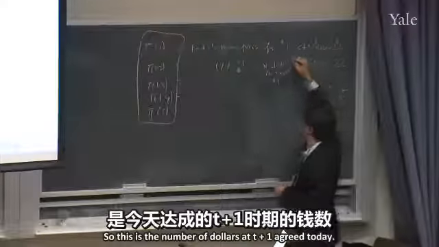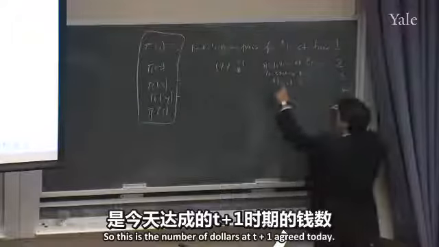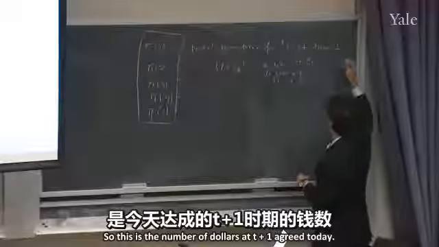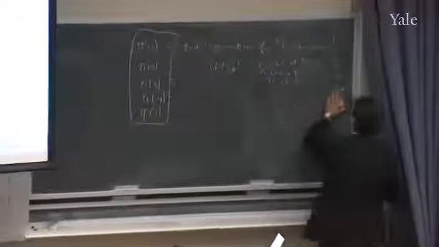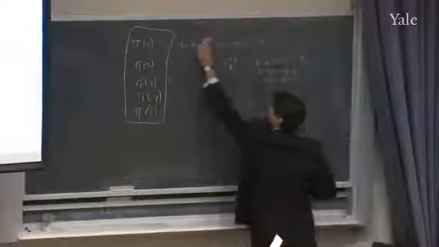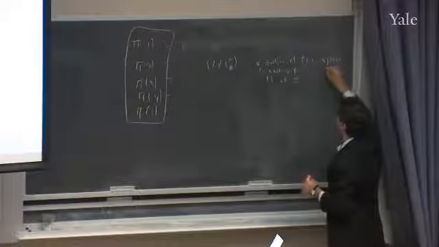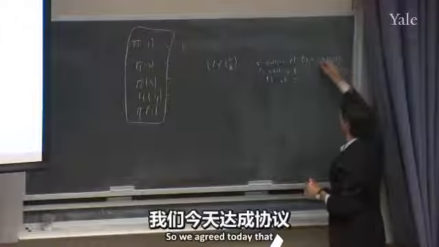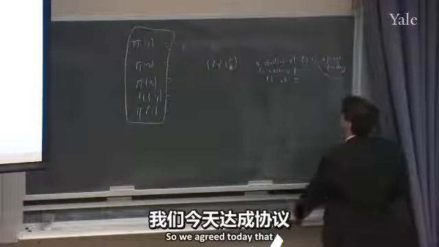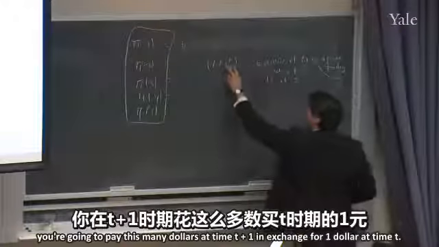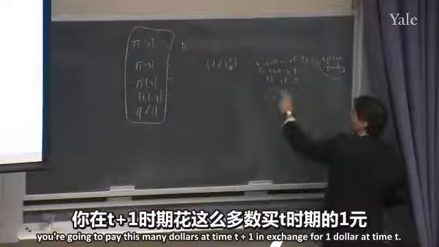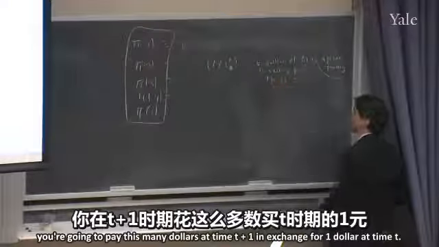So this is a number of dollars at t plus 1 agreed today. We agreed today that you're going to pay this many dollars at time t plus 1 in exchange for $1 at time t.